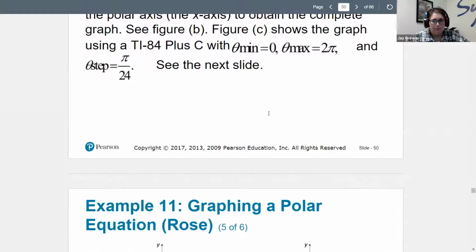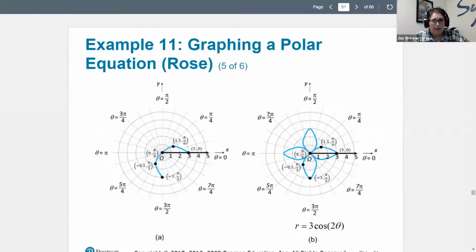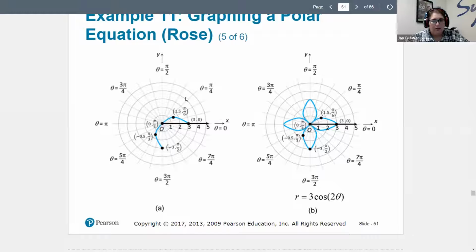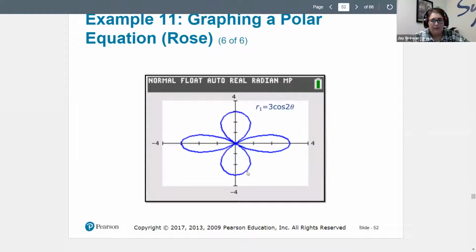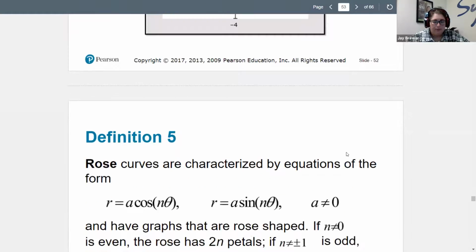And then here they're showing you again, here's the first part of it, and then you can almost envision where the rest of it's going. But there's your rose. Here it is on the calculator.